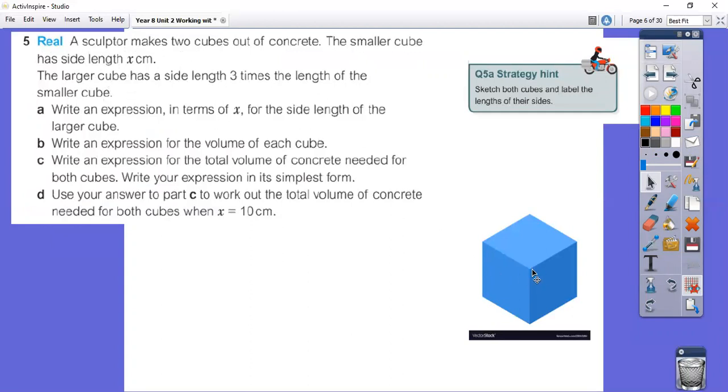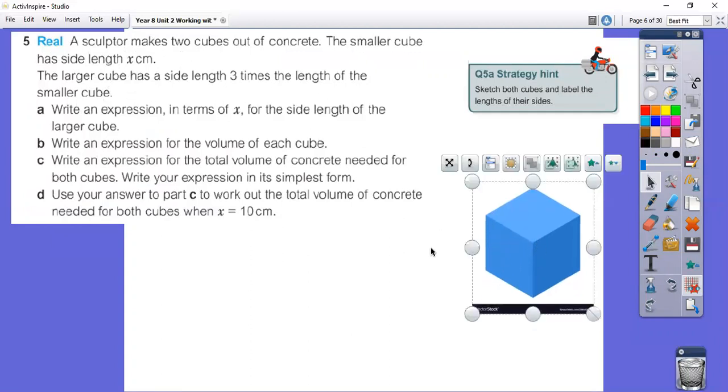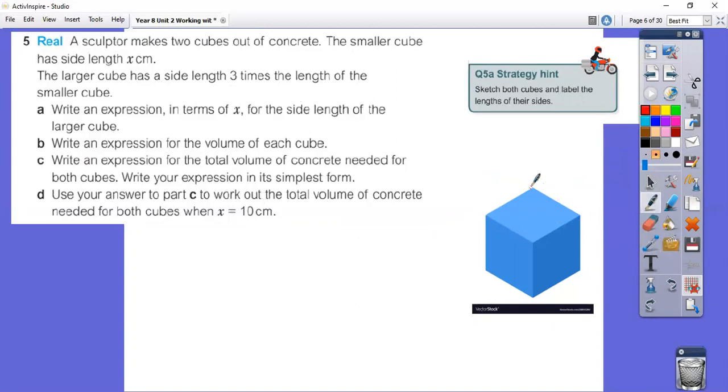So we've got 2 cubes. So we've got a cube here, and we have another cube, and 1 cube is 3 times the length of the side of the smaller cube. So remember, the cube, your 3-dimensional shape here, all the sides are the same.